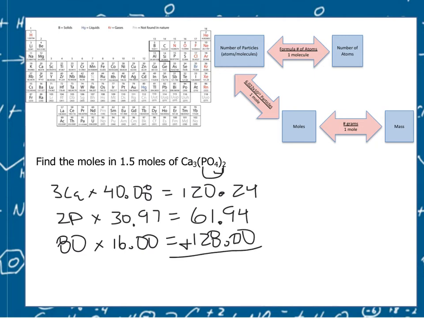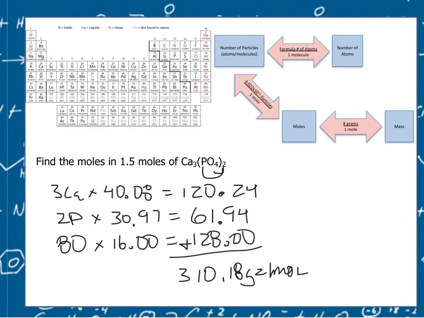Get my grand total, 310.18 grams equals 1 mole. It's really sloppy, I apologize. Now I can proceed like normal.